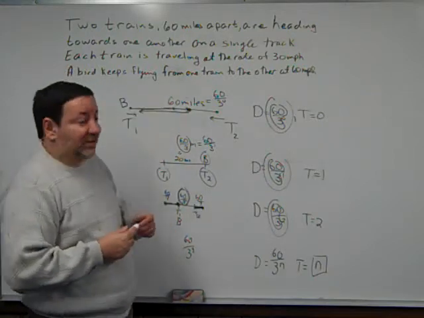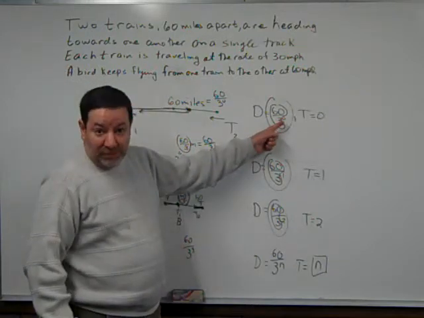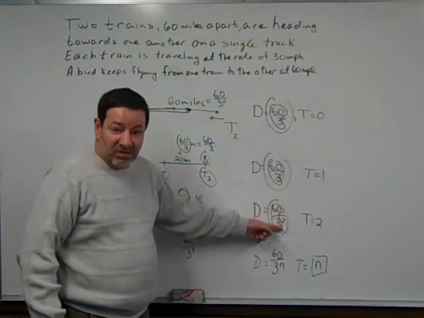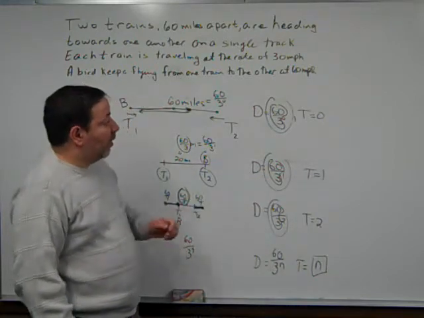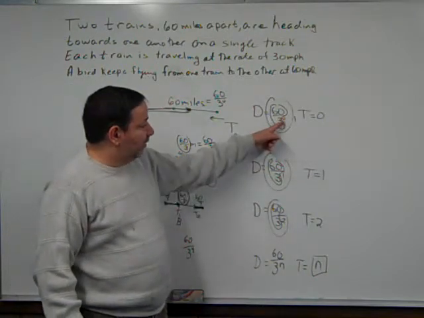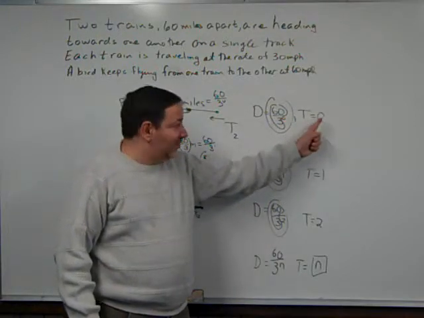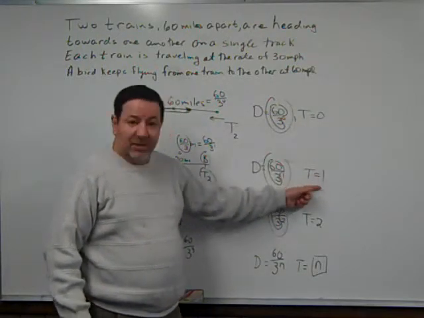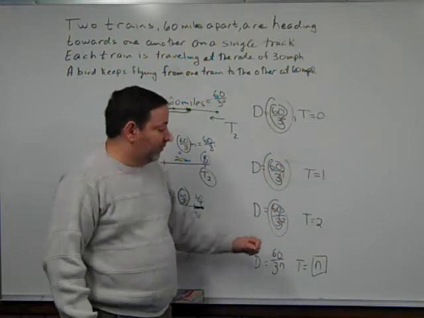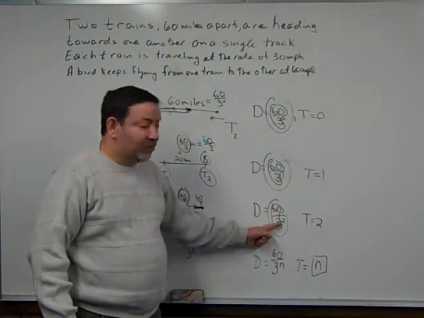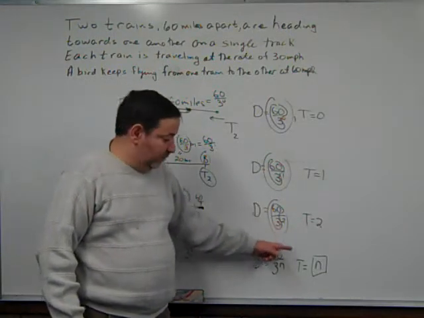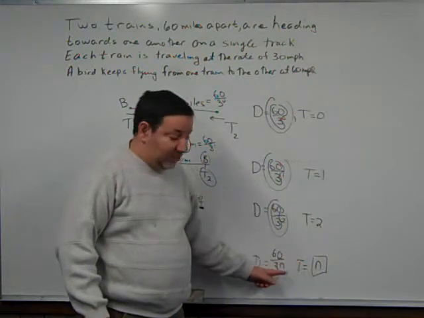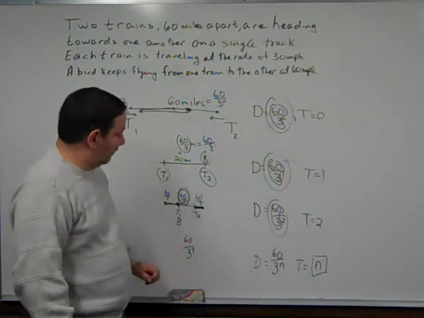What's changing? The answer is the power of the 3: 0, 1, 2, 3, 4. Oh, wait a minute. This power is always equal to the number of trips made. 1 trip, 60 over 3 to the 1. 2 trips, the power of 3 is 2. N trips, the power of 3 is n.